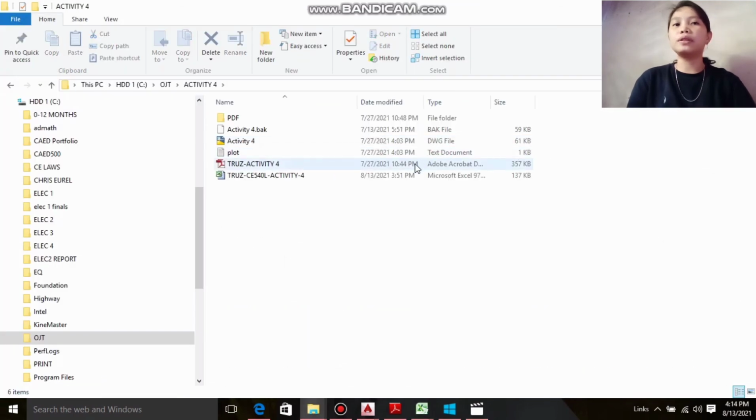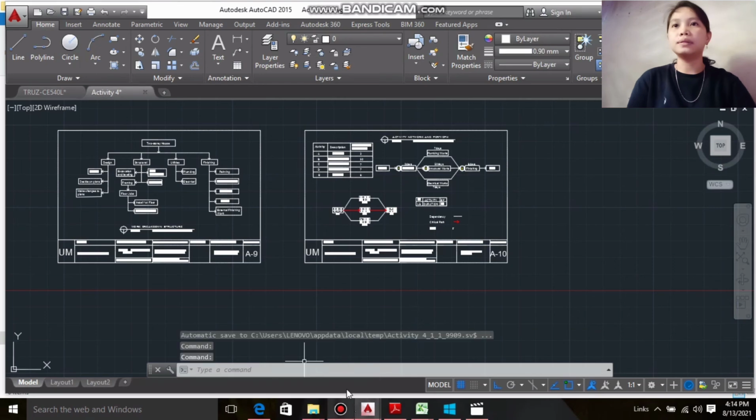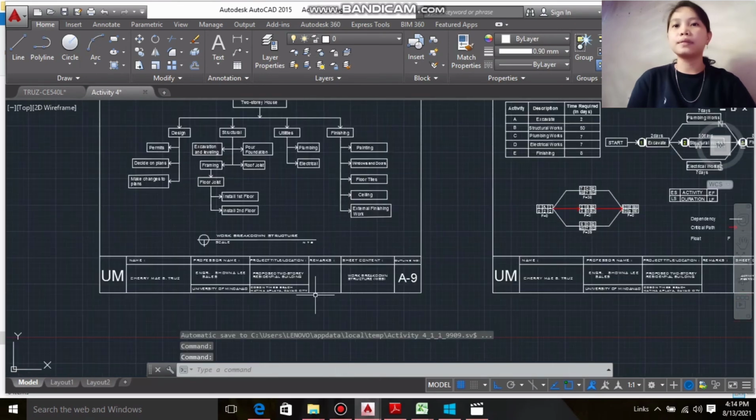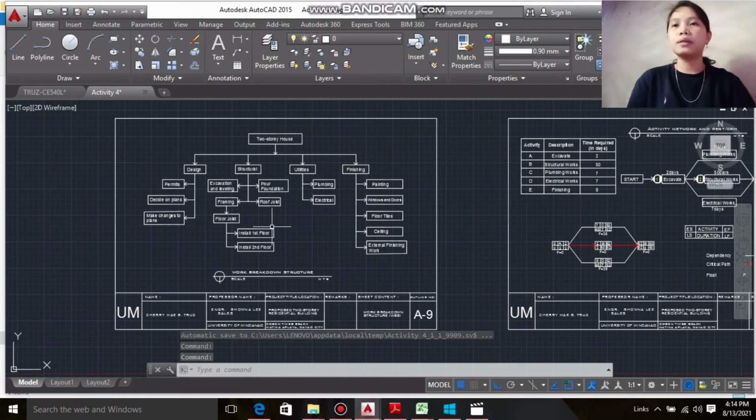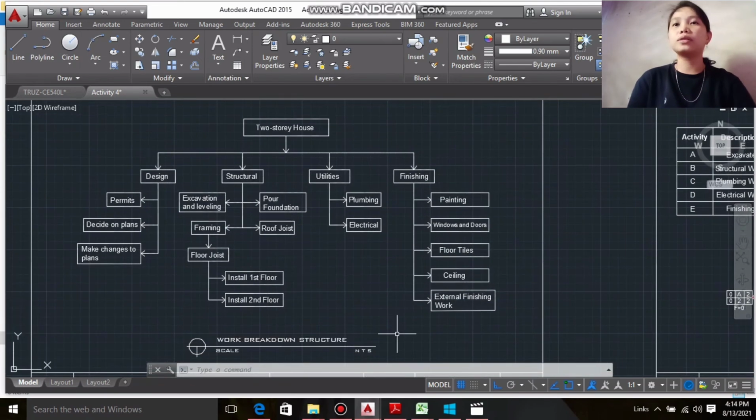And for the activity 4, the work breakdown structure or the WBS, the two-story house has categories, which are the design, structural, utilities, and the finishing.